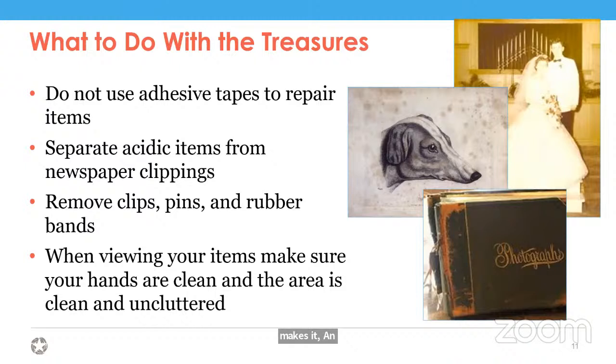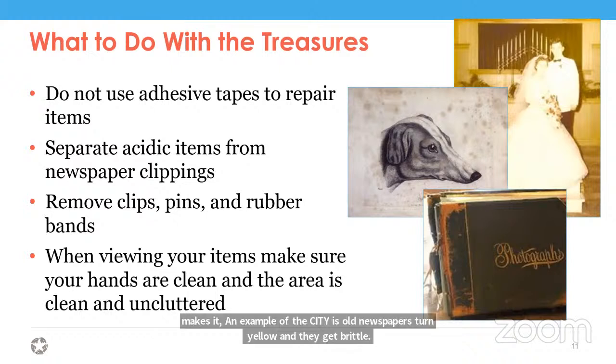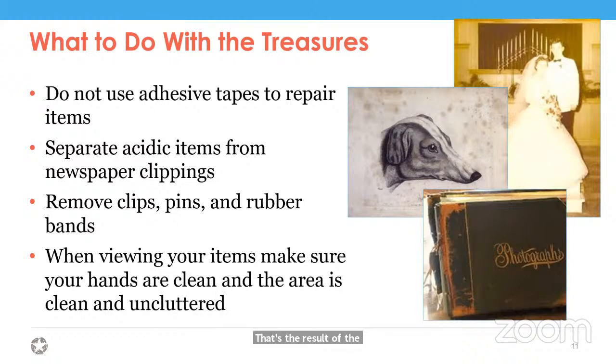An example of the acidity is that old newspapers turn yellow and get brittle. That's the result of the acidic paper. It just constantly breaks down. There's no reversing that. It will go away to dust in time. Once it's underway and crumbly, there's no help in that.